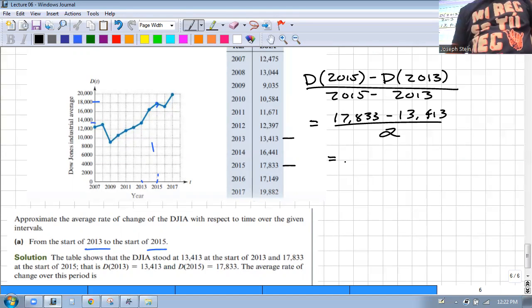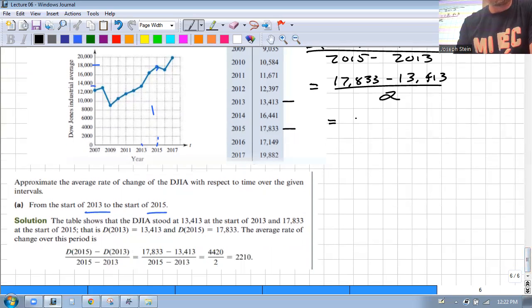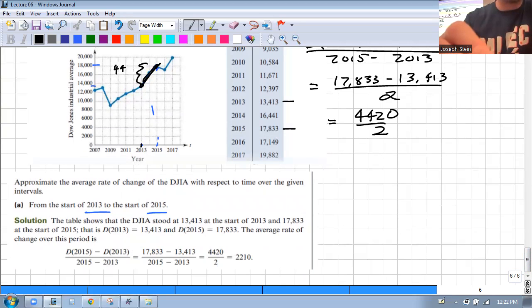So the difference here is 4420 over 2. So that difference is just 4420. What it's saying here is from 2013 to 2015, from here to here, we've gone up 4420 in 2 years.